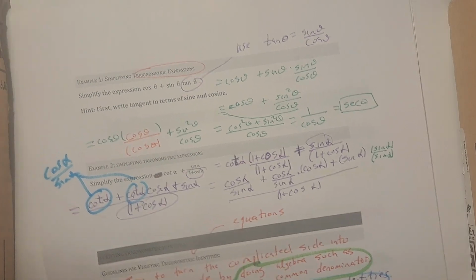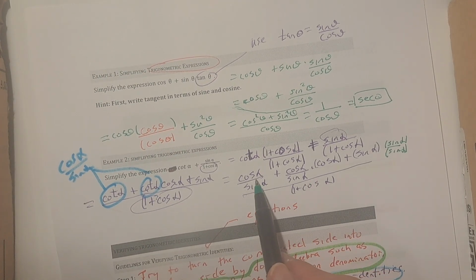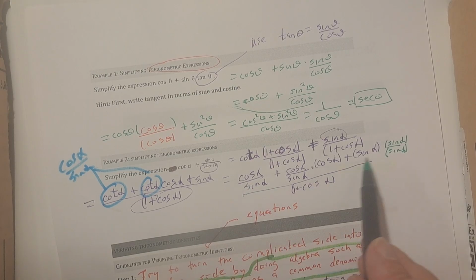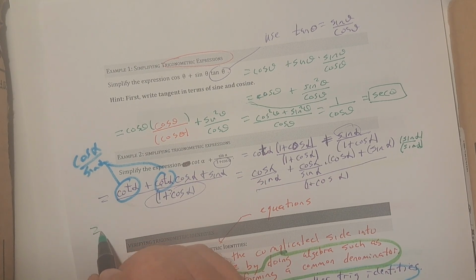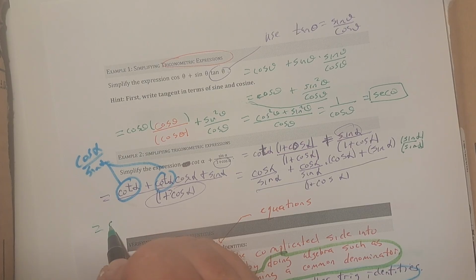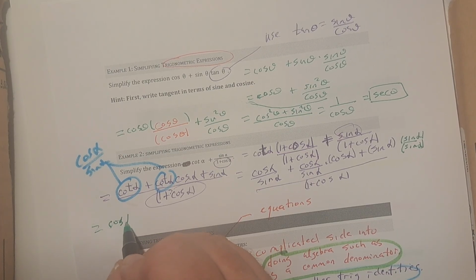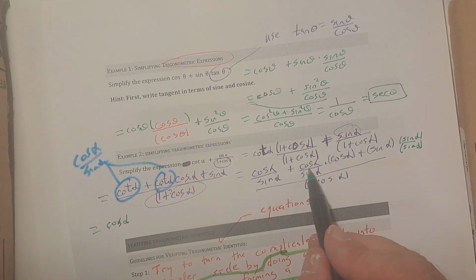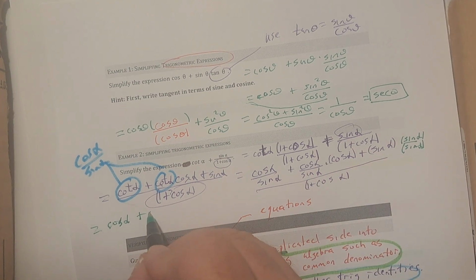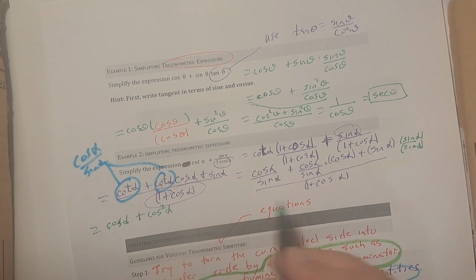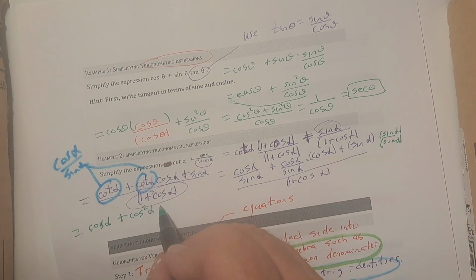So rewriting across the top row, we'll get cosine of alpha plus cosine squared alpha plus sine times sine, so that's sine squared alpha.